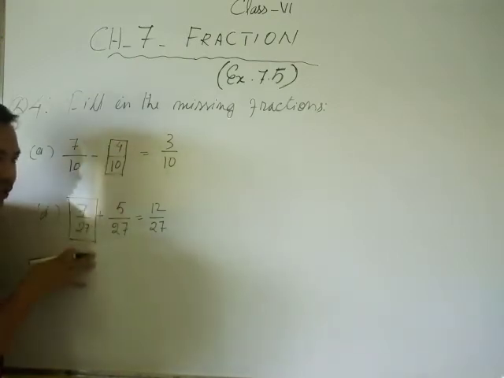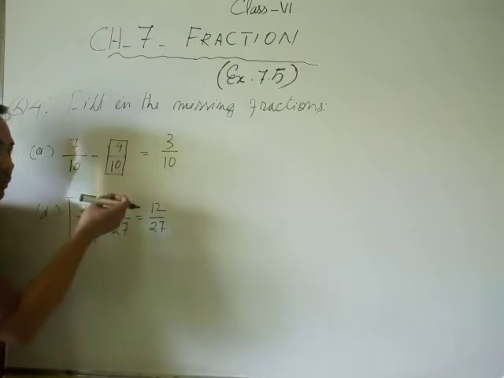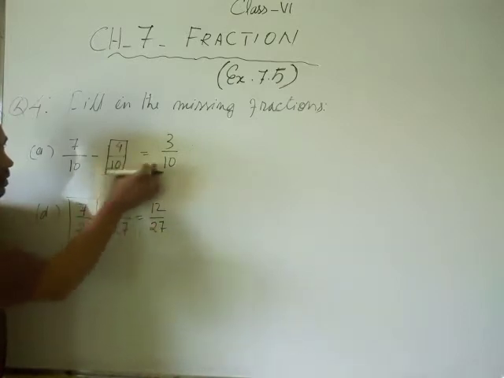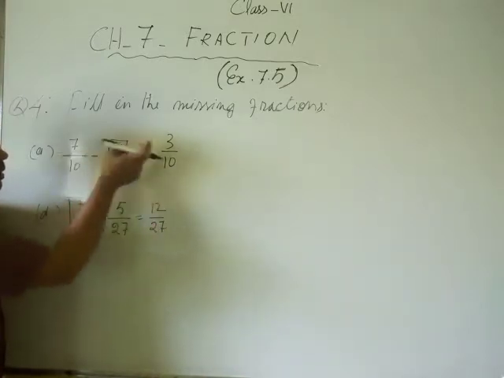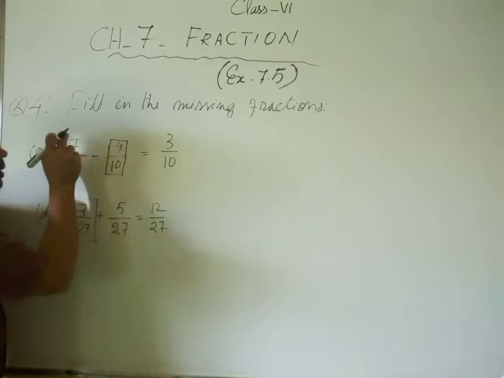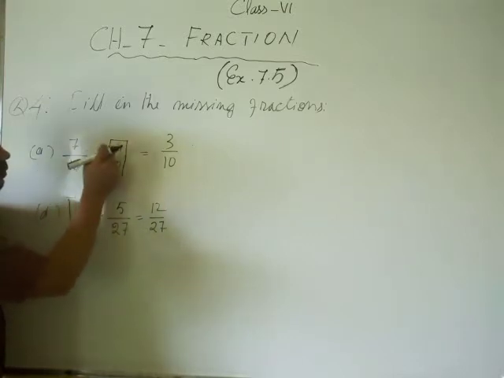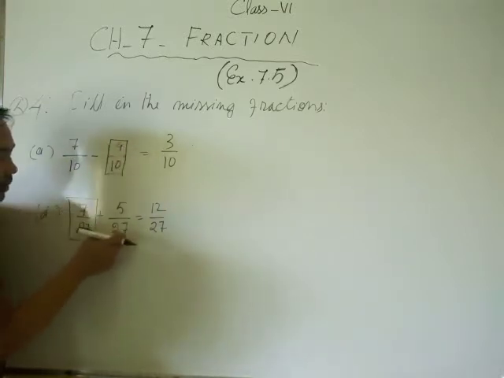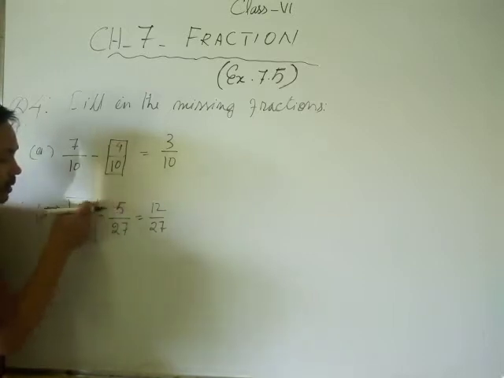In addition and subtraction, after you get a common denominator, the numerator must be added or subtracted. See, 10, 10, 7: what you minus from 7 to get 3, that is 4. Here 27, 27 are the same, so what you add to 5 to get 12 is 7. That's all.